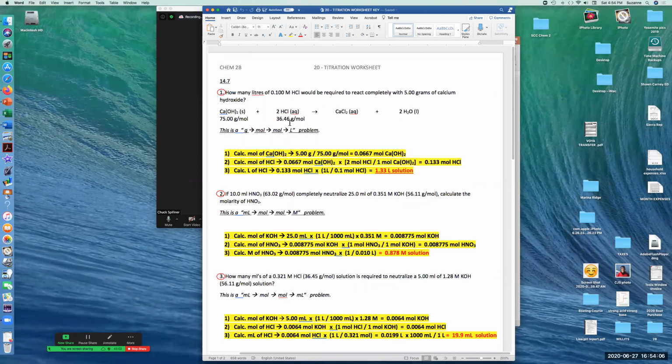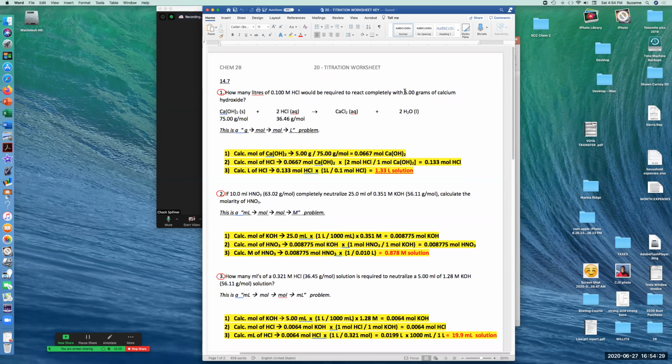So the reaction is down here. Stoichiometry is 2 moles of HCl per 1 mole of calcium hydroxide. The molar masses are given here, and that's pretty typical. In this case, we will need to know the molar mass because we remember these problems require solving for moles.